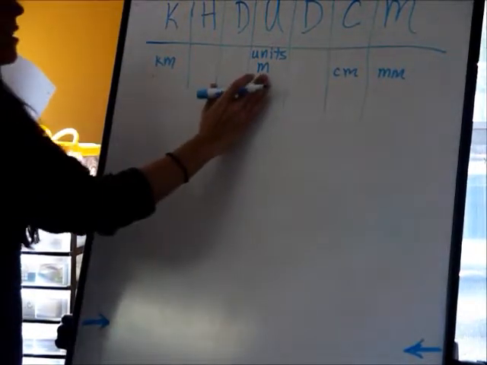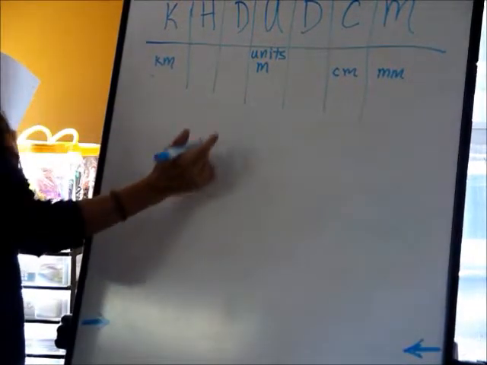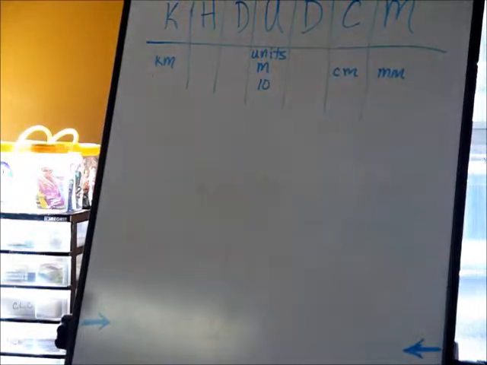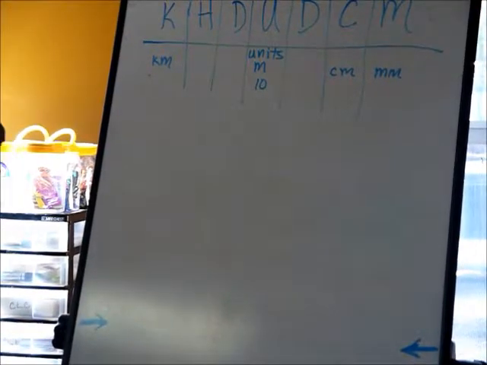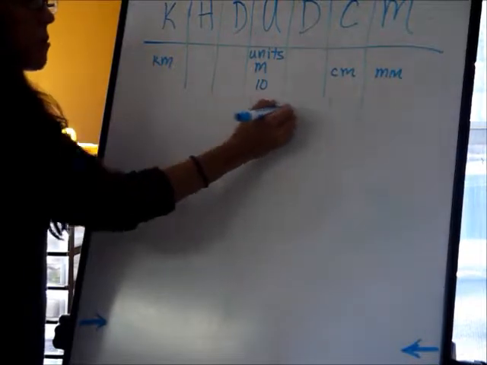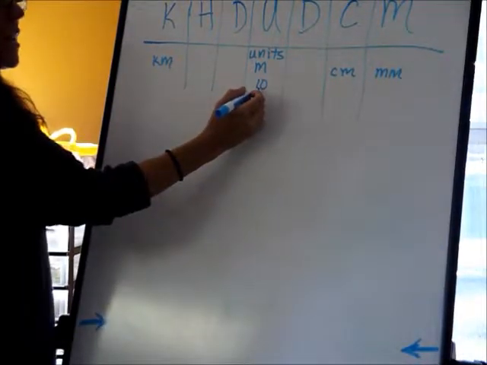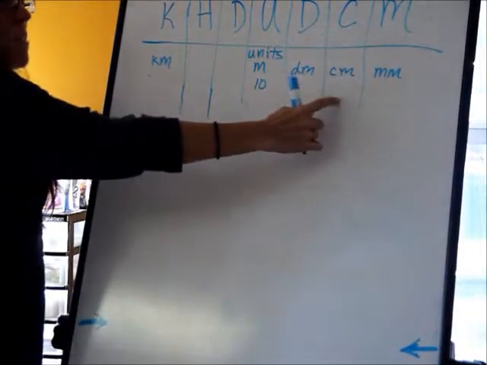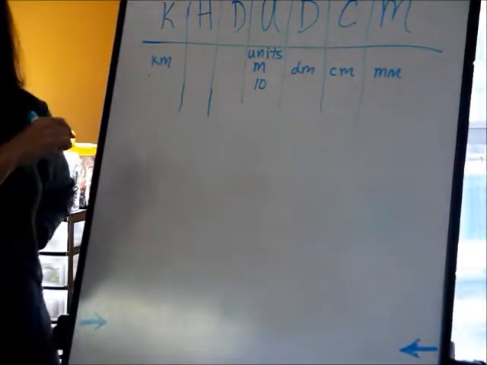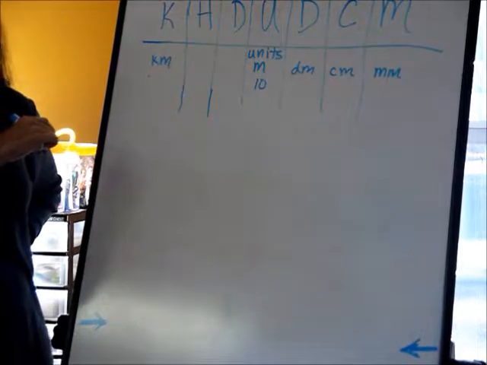Let's just look at this for a minute. If I had 10 meters, how many centimeters do I have? How many centimeters are in 10 meters? We're going to move them this way. 10 meters should have more centimeters than you do meters, right? Because there's a bunch of centimeters in a meter. How many centimeters are in a meter, do you know? 100.